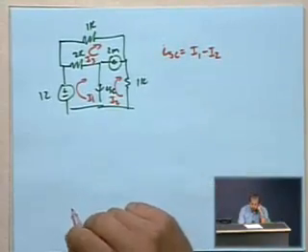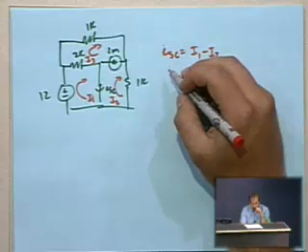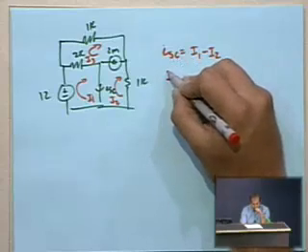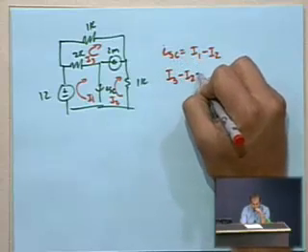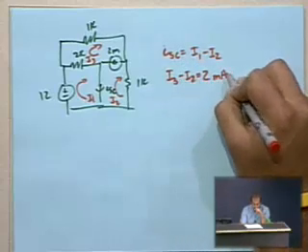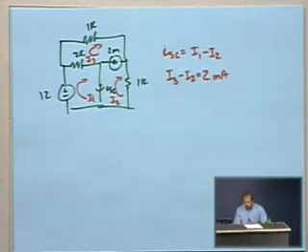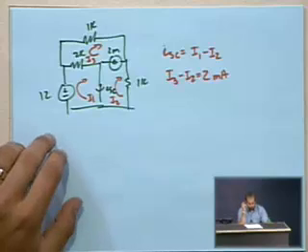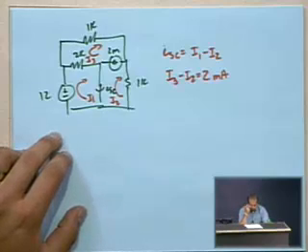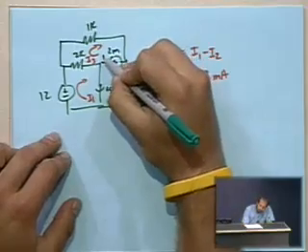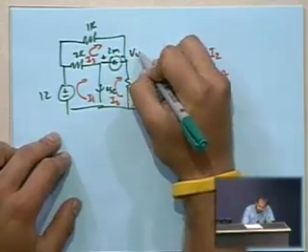But instead, since we're doing the super mesh, we're going to have I3 minus I2 equals 2 milliamps. And then we'll start writing our loop equations. We'll introduce a voltage across the 2 milliamp source, call it Vx with that polarity.